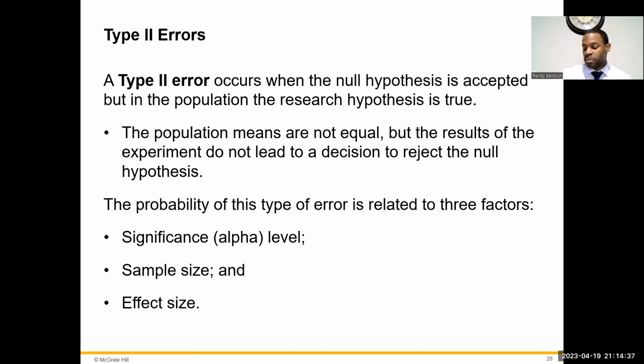So if I decrease my probability of making a type 1 error by decreasing the significance level, then I'm increasing my probability of making a type 2 error, and vice versa. When I increase my sample size, that is decreasing the likelihood that I'm going to get a type 1 error, but it's increasing the likelihood that I'm going to get a type 2 error, or vice versa, right? Same thing with effect size.